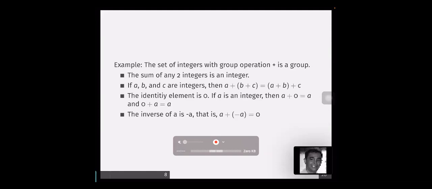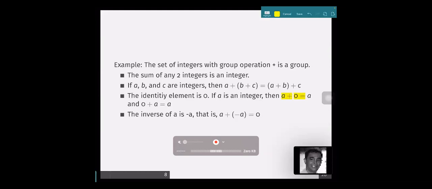Okay? And then there is also an identity element, which is 0. Okay, so if you add 0 to any integer, it will give you that integer.